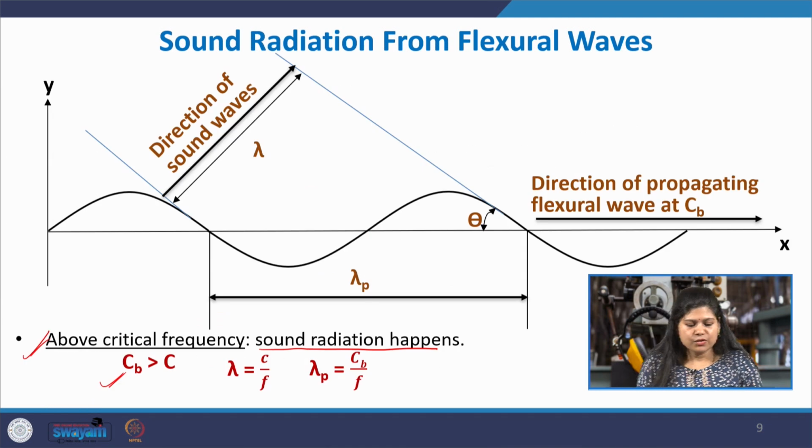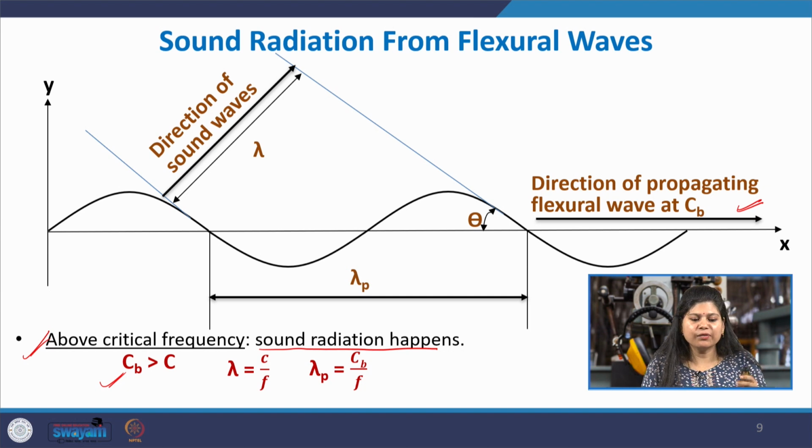Let us say this was the plane of the plate along the xz plane, and some flexural wave is set in the plate in the xz direction. We are showing a 2D view here. This is a transverse wave, and the direction of the propagating wave is along the x axis. The wave is propagating like this.